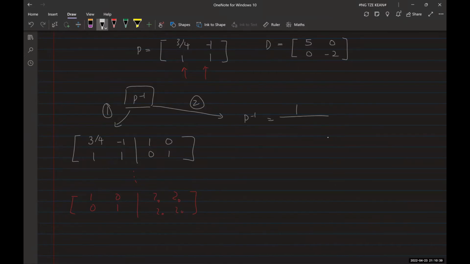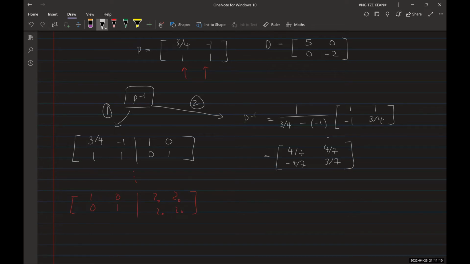So 1 over the determinant, which is 3/4 minus 1 times 1, and this will be 1, 3/4. And if I were to solve for this, what I will get is 4/7, 4/7, 4/7.